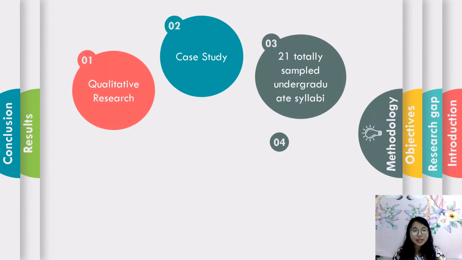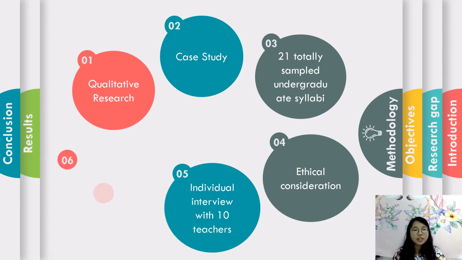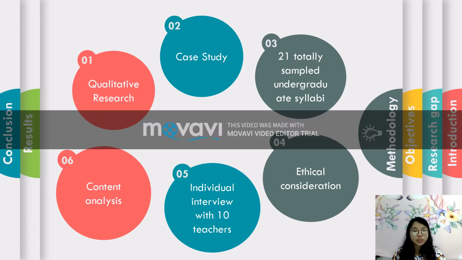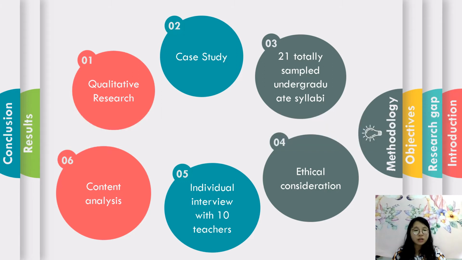This study employed qualitative research, designed specifically as a case study, which was done through content analysis. Total sampling technique was used to gather the 21 undergraduate general education syllabi.